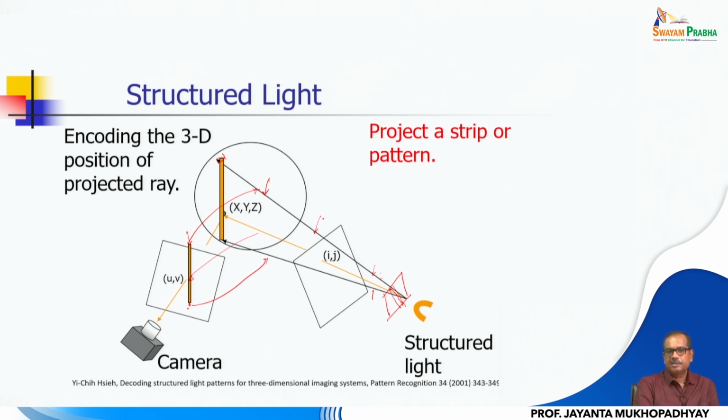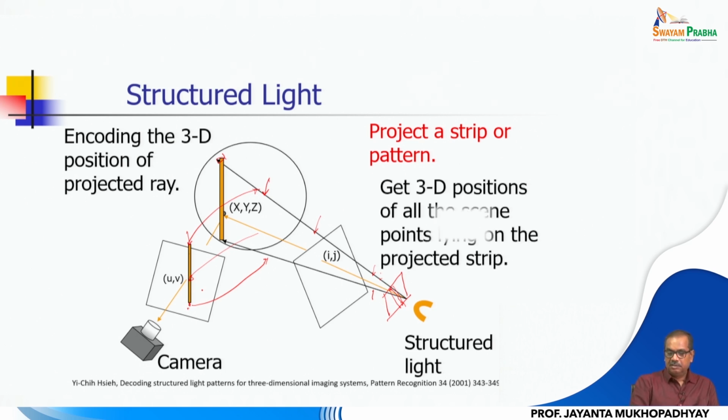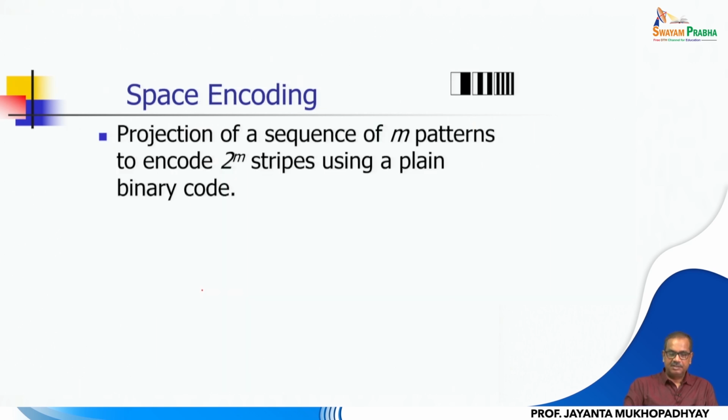In one shot itself, we can get depth information of all the points lying over this strip. That is the advantage. It makes your sensing very fast. Earlier, you were computing depth at every point one after another independently. Here, you are computing all the points on a vertical strip together in the same observation. That's how you get the 3D positions of all the scene points lying on the projected strip.